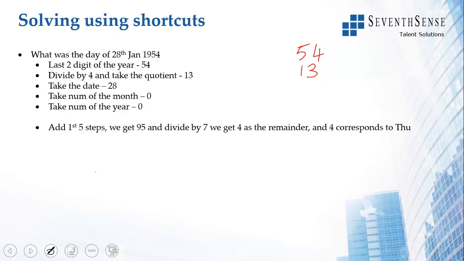Now take the day, 28, as it is. For Jan, add the month code, and for the year 1954, which is between 1900 and 1999, add the year code, and you get 95. Then divide by 7. 7 13s is 91, the remainder is 4. So 4 corresponds to Thursday.